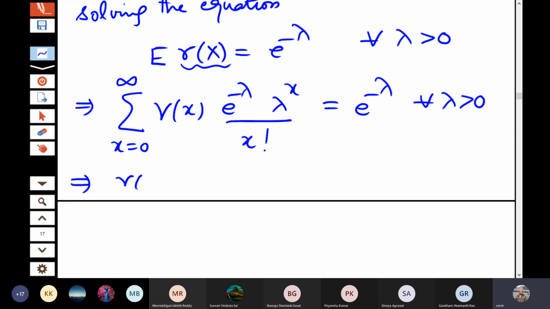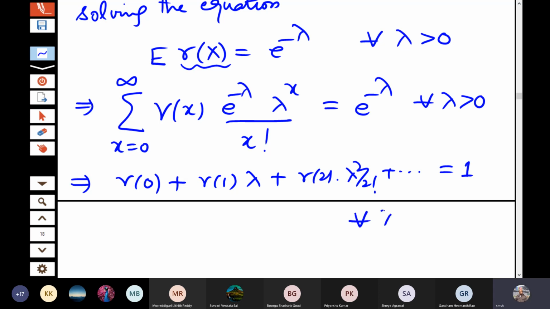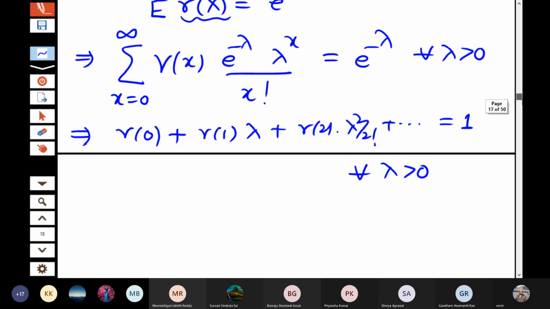So this will give me gamma 0 plus gamma 1 into lambda plus gamma 2 lambda square by 2 factorial and so on. This is equal to 1 for all lambda positive. On the left hand side you have a power series in lambda, on the right hand side you have a constant. So the two can match on an interval because lambda is positive, that means it is true for all positive real numbers. It is possible if and only if all the coefficients match.